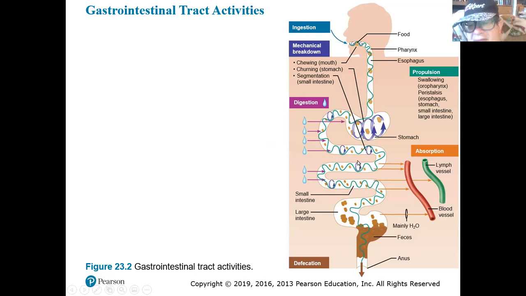Absorption is going to be happening in the small intestine, and most of the absorption is in the small intestine. The large intestine is mostly, well, it's absorption, but it's absorption of water and absorption of B vitamins.